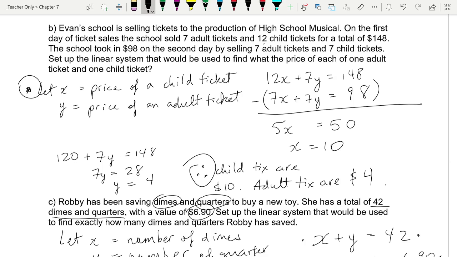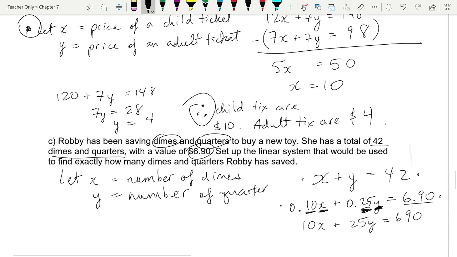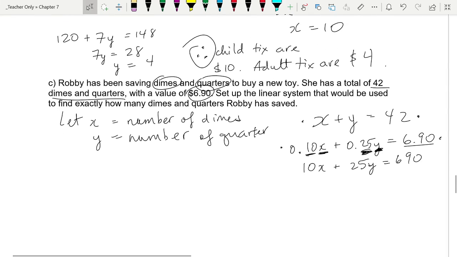Okay. If the top equation is multiplied by 10, it'll be $420. Yes, it would. So I would take 10x plus 10y equals 420, and then I'd subtract the equations, right?